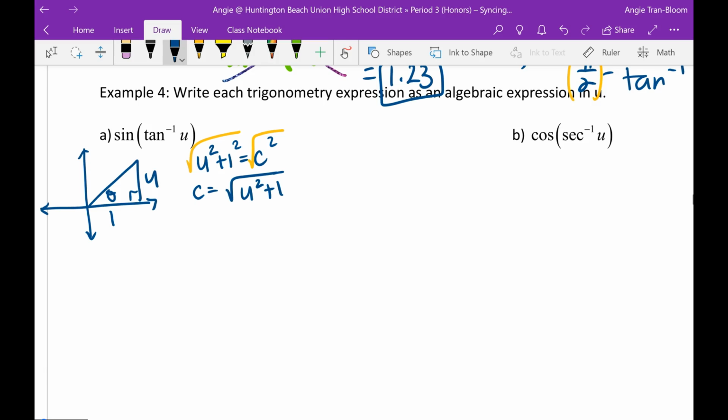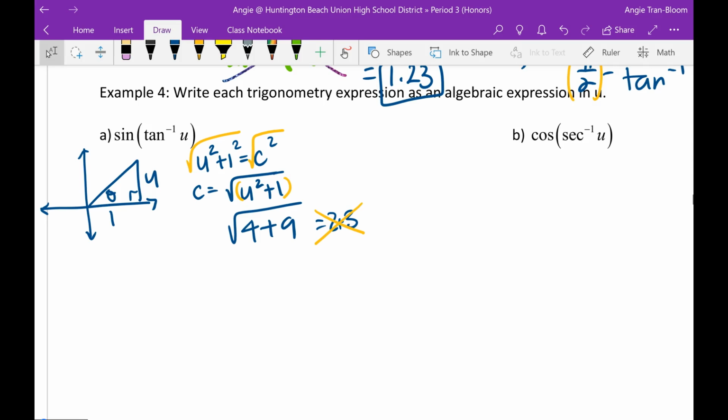Let's say, is 4 plus 9 the same thing as 2 plus 3? No. So, is the square root of u squared plus 1 the same thing as u plus 1? No, because this is a pair, right? This is not equivalent, so therefore we can't do the above.